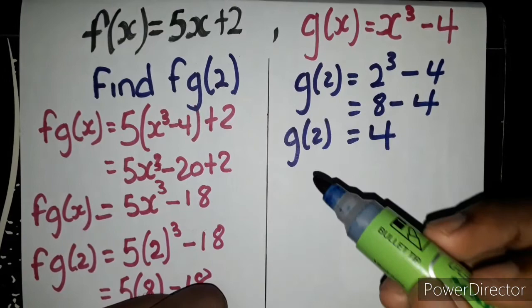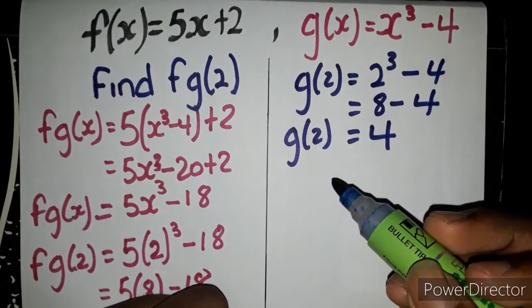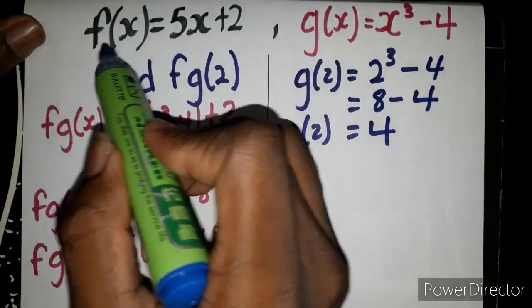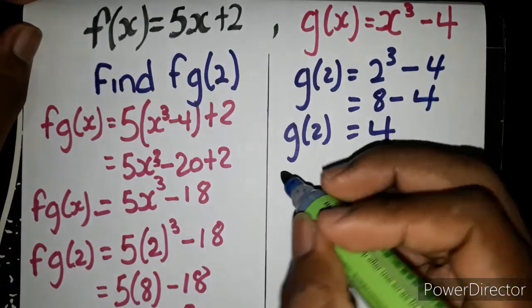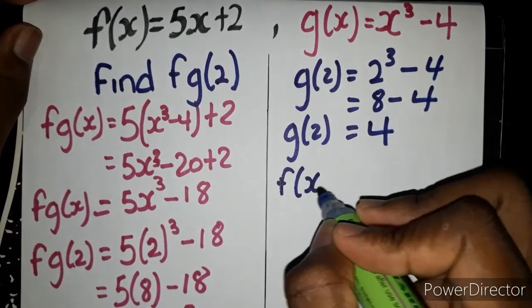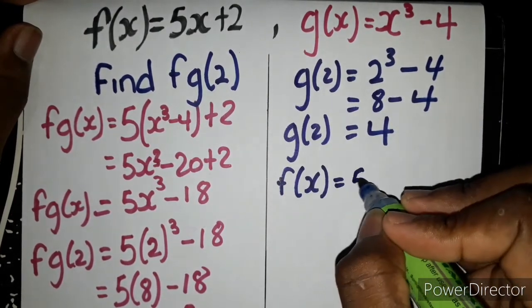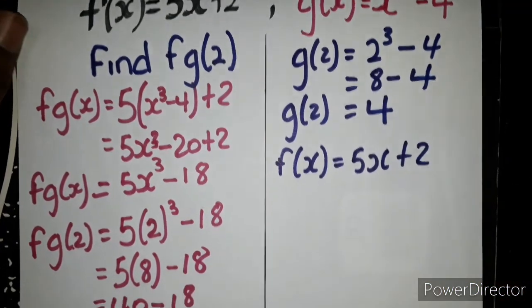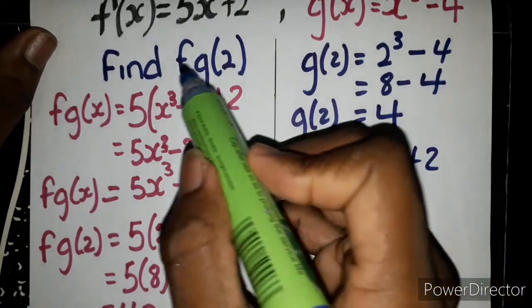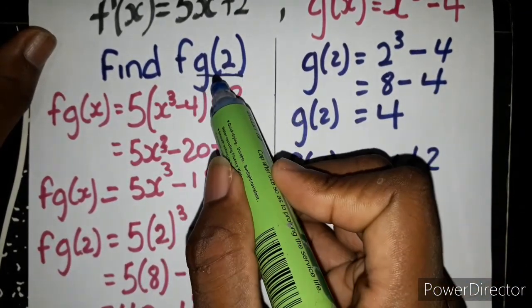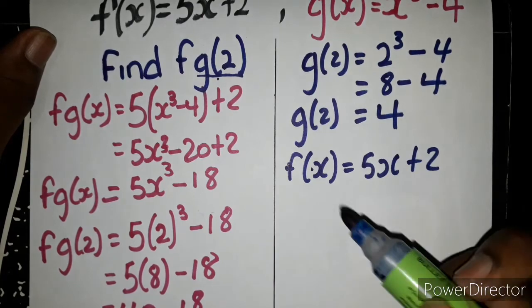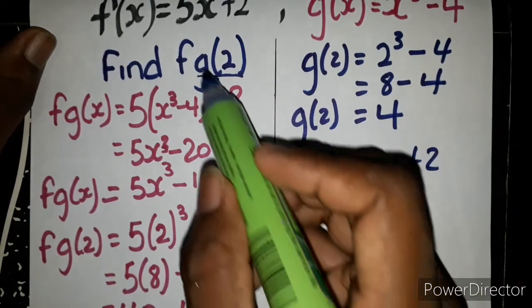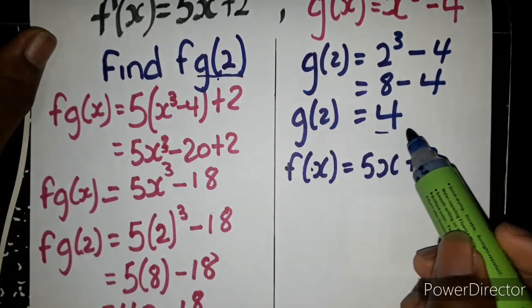Good. So since we finished finding g of 2, we put it inside the function f, and we know the function f is this function here. So let's just write back that f function. F of x is equal to 5x plus 2. So we're putting g of 2 inside of this function. All we're doing is replacing x with g of 2, which is 4.